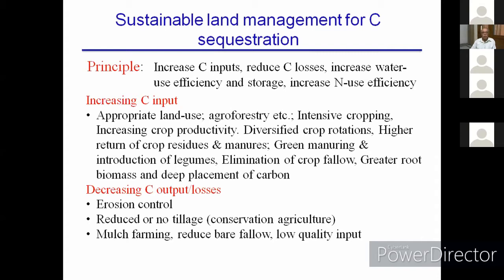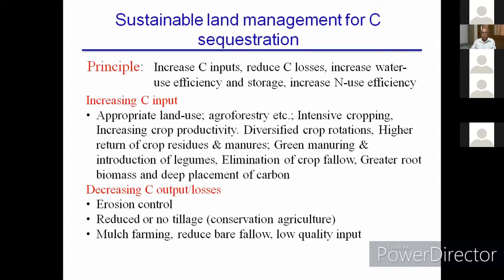Very importantly, as we just discussed erosion control, how we can control erosion, and then look for the processes which expose the carbon to the environment, like erosion and tillage. Basically, we always try to say that the more you till, the more you can produce. Now, our thinking has to change. We have to optimize how much to till, so people now talk about CA, conservation agriculture.